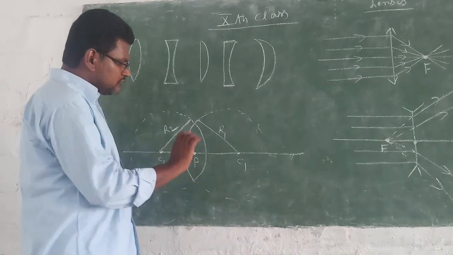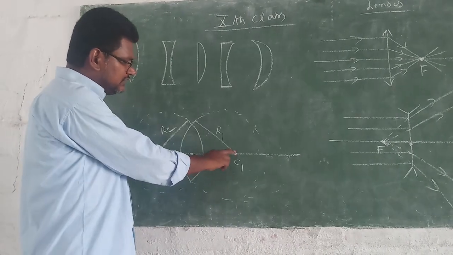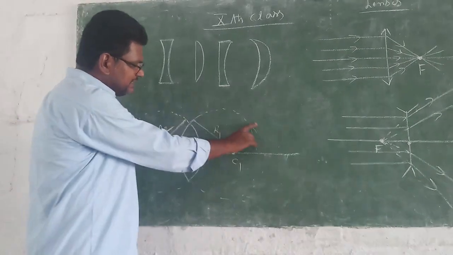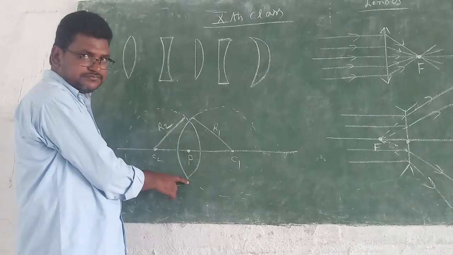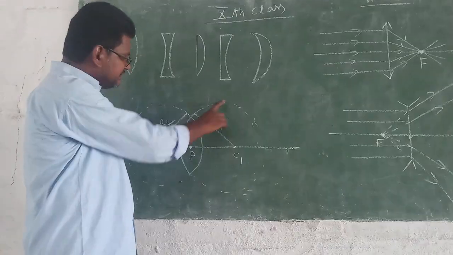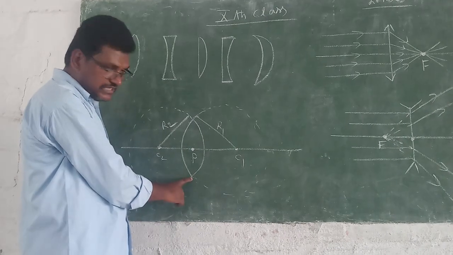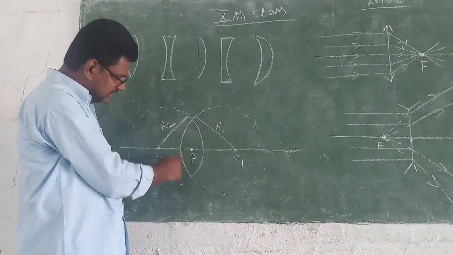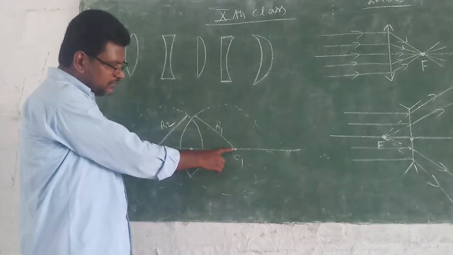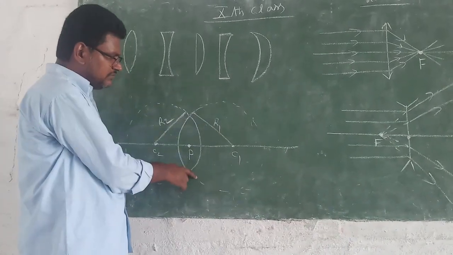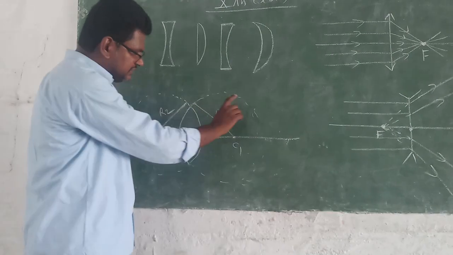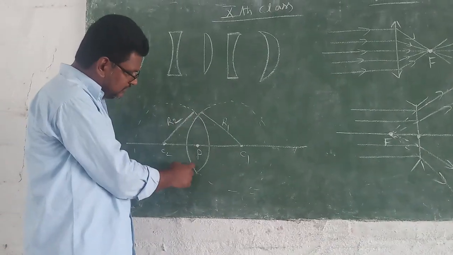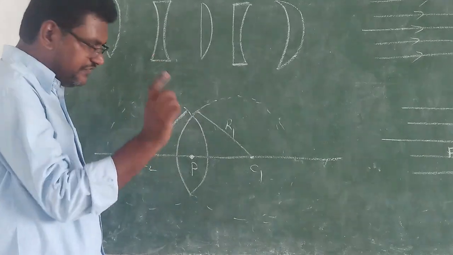Now, how do we define the center of curvature? This is the center of the sphere which contains this curved surface, so it is called the center of this curved surface. In the complete sphere we are taking only a part of the curved surface.